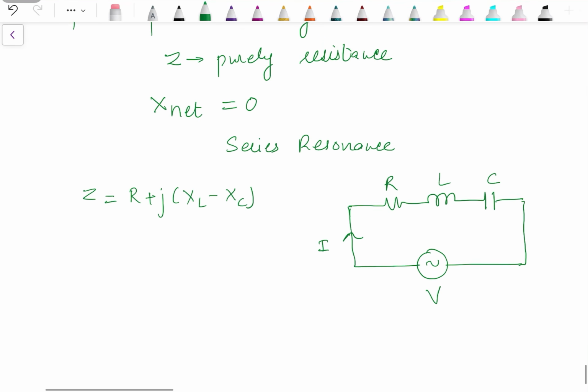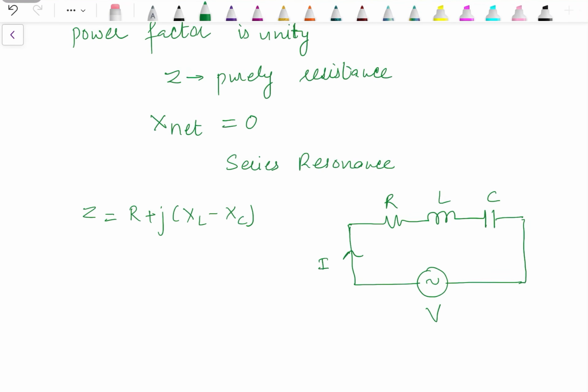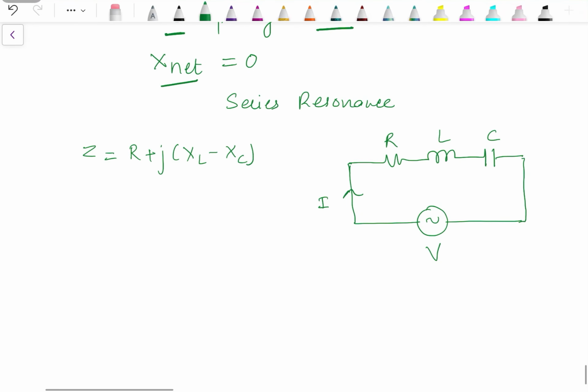Now the main condition is that impedance is purely resistive and net reactance is 0. So from here we get that XL minus XC should be equal to 0, which gives XL equals XC.